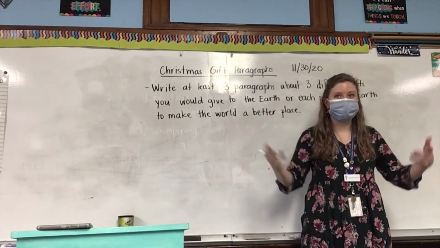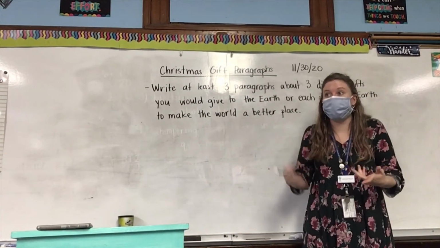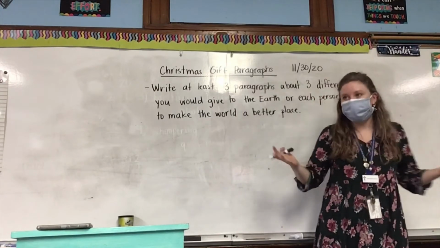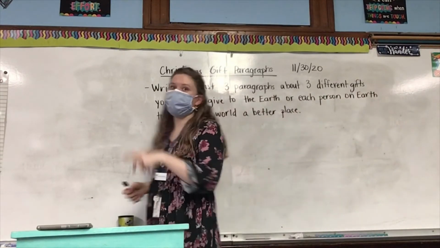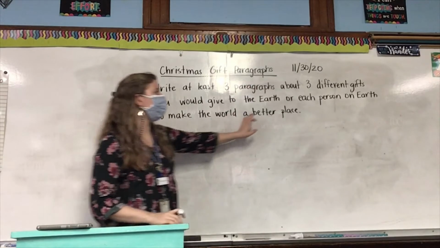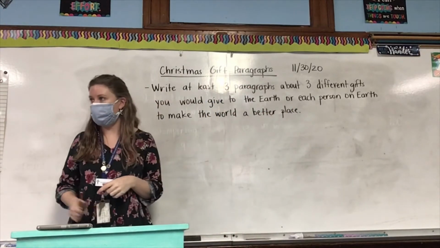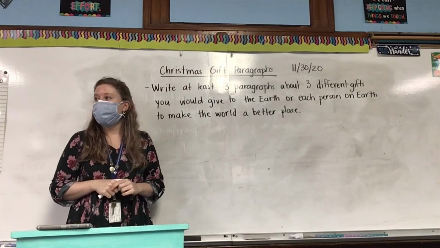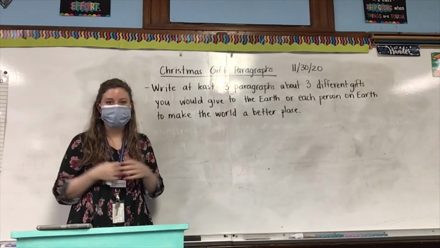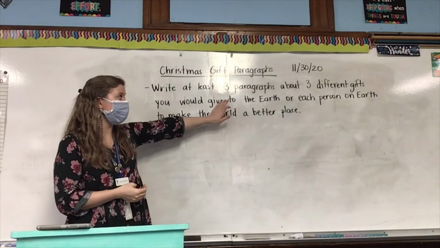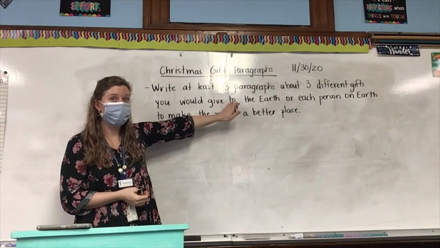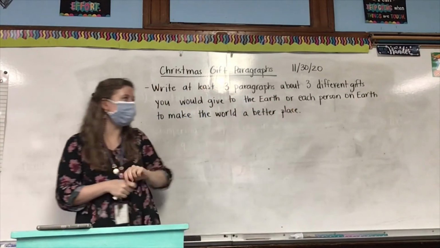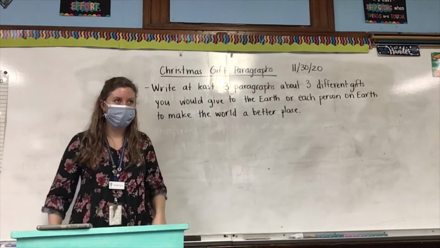Think of it as Mother Earth, like to make the earth a better, safer, whatever place. And then your second and third paragraph would be about what you would give to each person on earth, or the opposite, whatever. Does that answer your question? Does everybody understand what I mean by that? You don't just have to pick 3 things you give to the earth. You don't just have to pick 3 things you give to each person on earth. You can do a mixture.